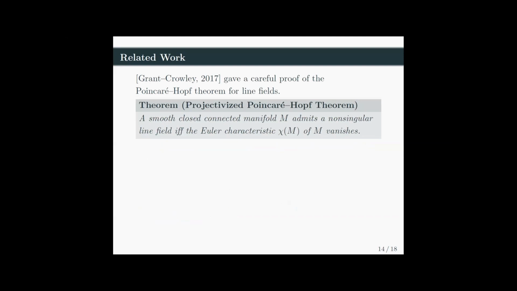Fairly recently, my supervisor Dermot Crowley and I revisited the proof of the Poincaré-Hopf theorem for line fields. We all know that a smooth manifold admits a non-vanishing vector field if and only if the Euler characteristic vanishes. But it turns out that the same statement holds for line fields: you have a line field without singularities on a manifold if and only if the Euler characteristic vanishes.